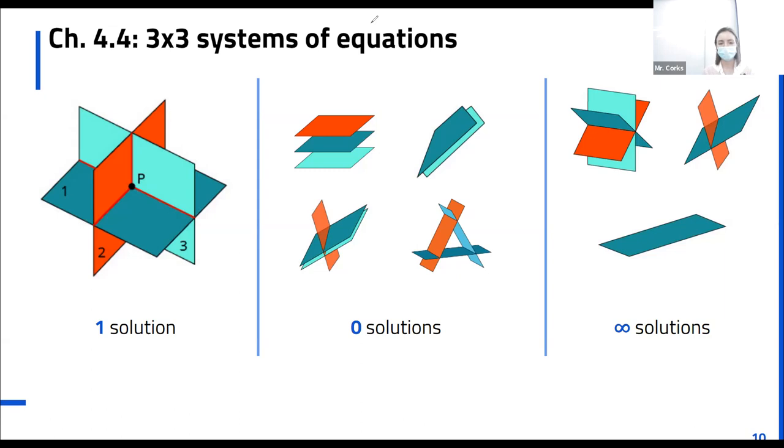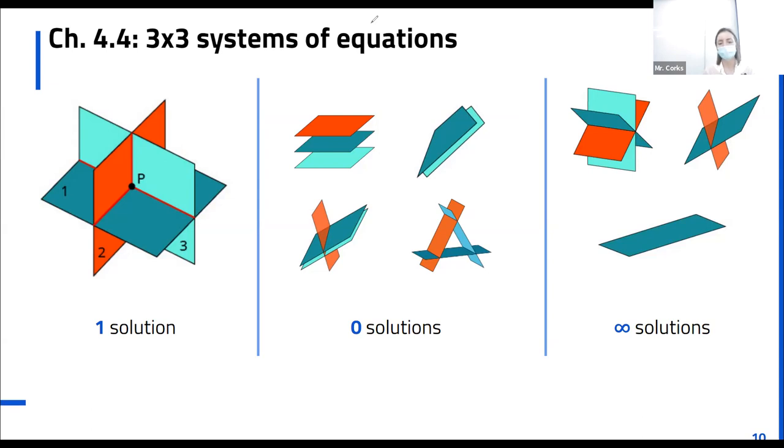So you can see when the planes intersect in a line or overlay over each other, we have multiple solutions. If they have only one point in common, we have one solution.